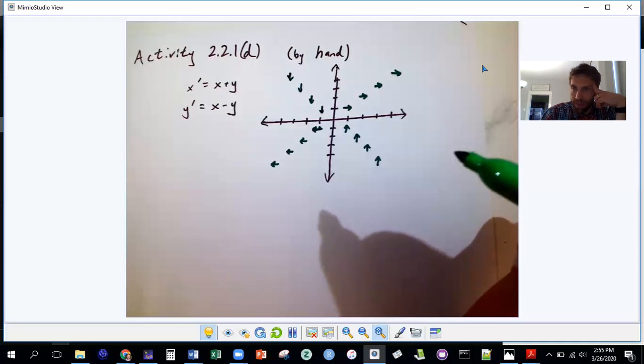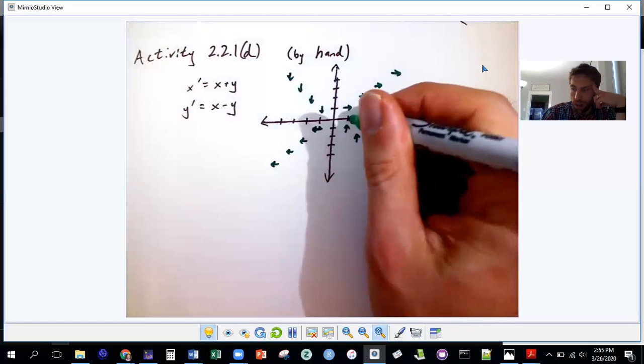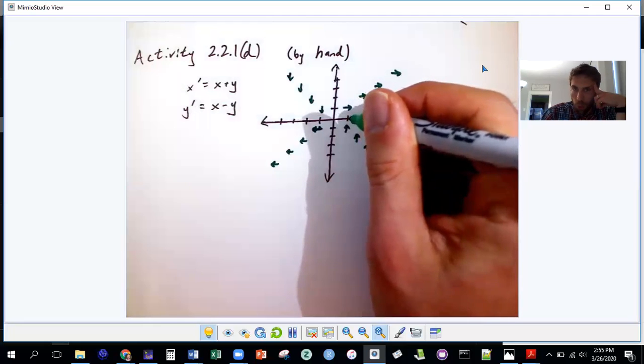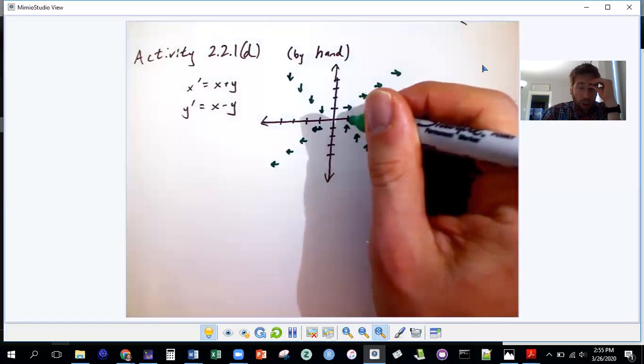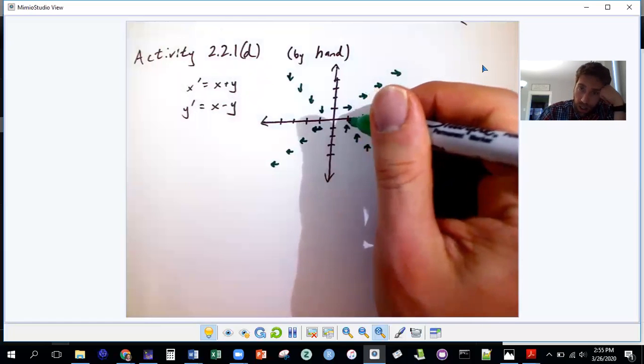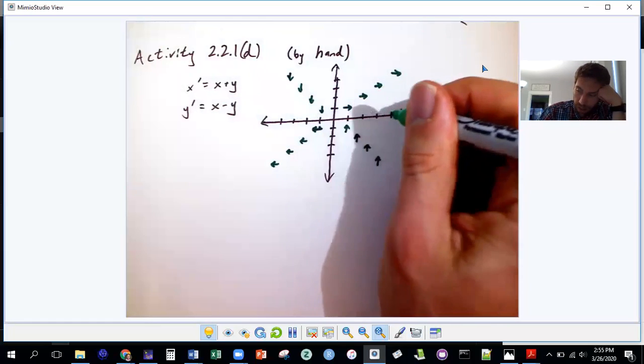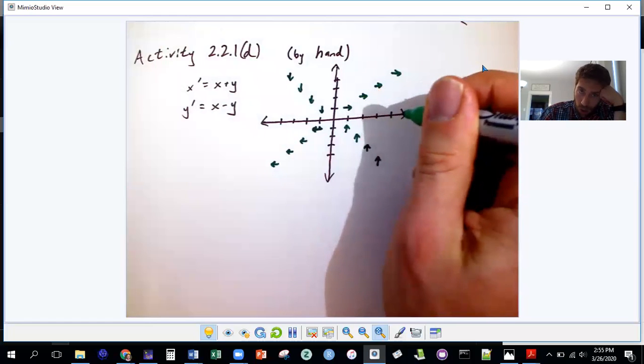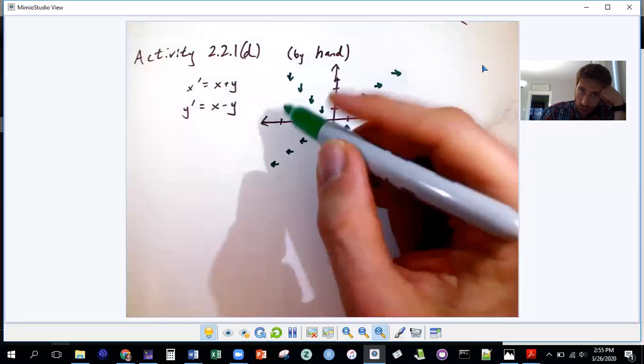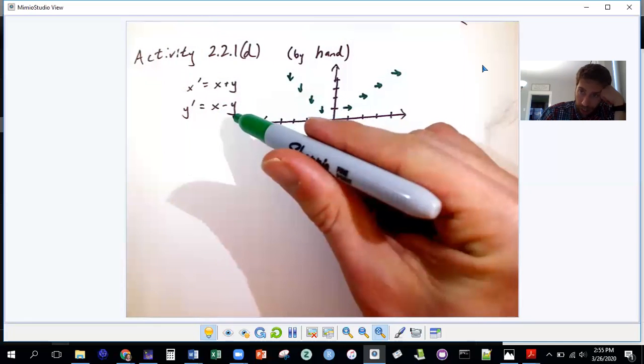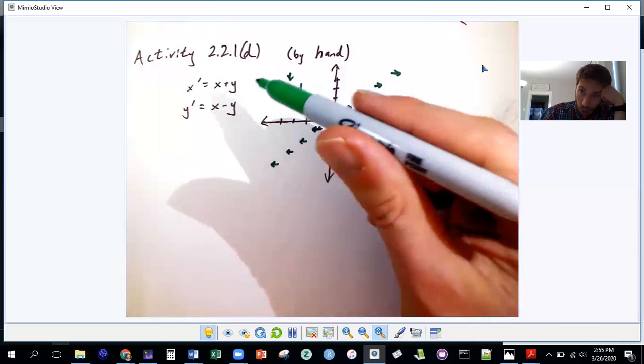Now, let's fill in the rest of these. So for instance, this is when x is 1 and y is 0, then you've got y prime is 1 and x prime is 1. So basically, all along here, whenever y is 0, x prime and y prime will both be x. So they'll both be 1.